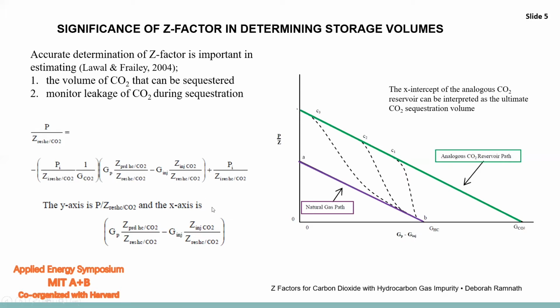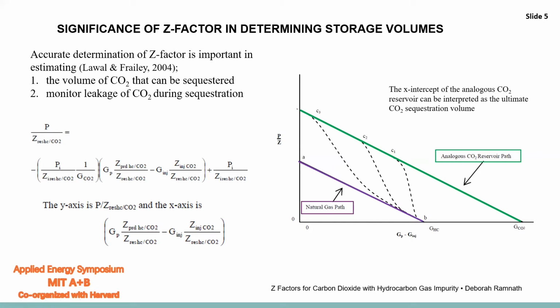The P over Z linear equation used to generate this graph was presented by Lau and Fraley in 2004 and is as seen here. In order to use this equation, Z factor of the produced hydrocarbon CO2 mixture, as well as the Z factor of the residual hydrocarbon CO2 mixture and Z of injected CO2 are unknowns and must be determined.